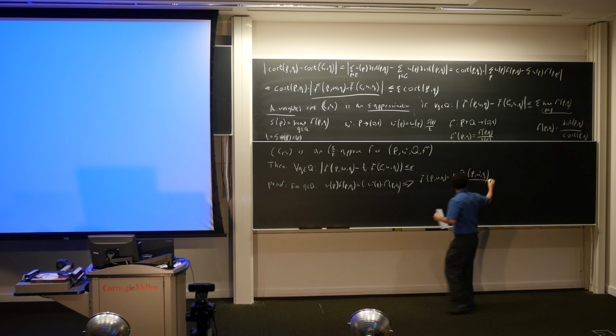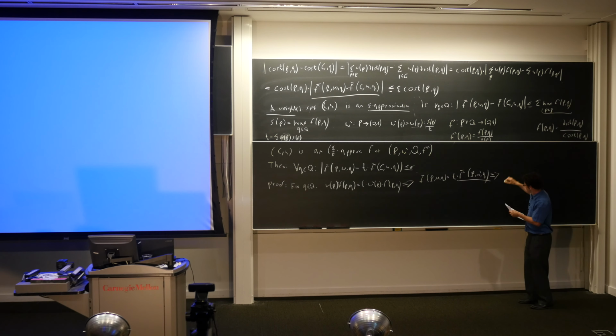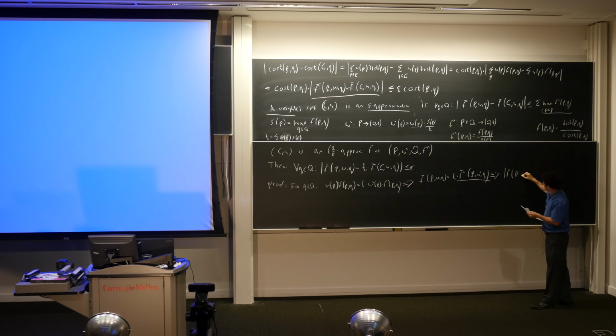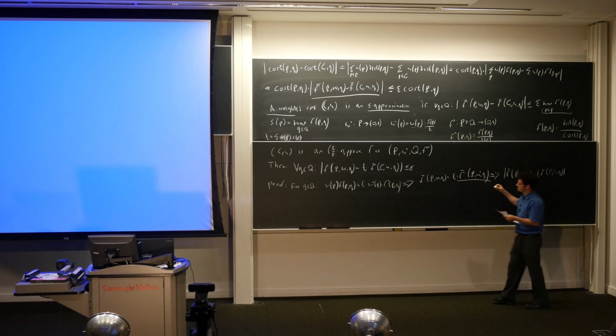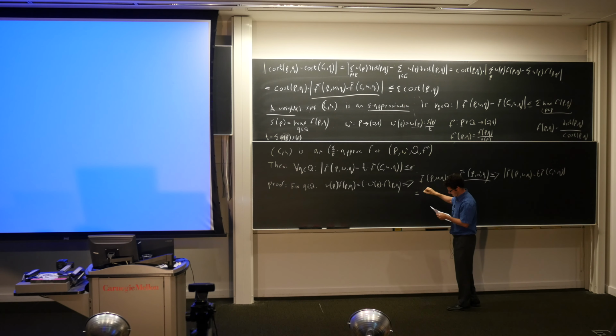So again, from this we have that what we actually want to have, which is this value, is exactly the same as the error from F prime.